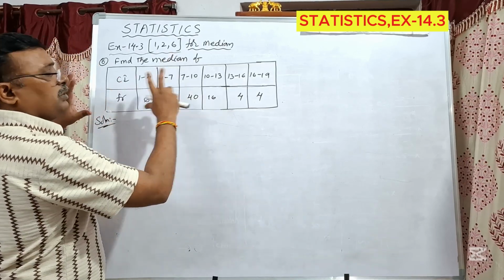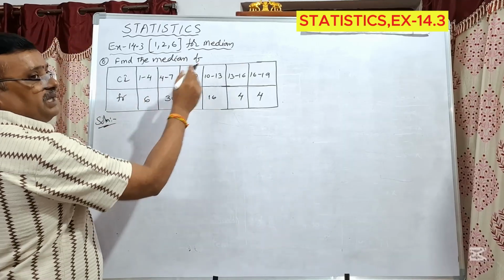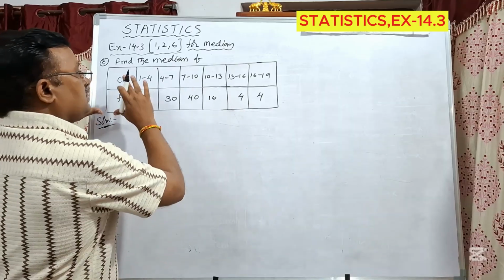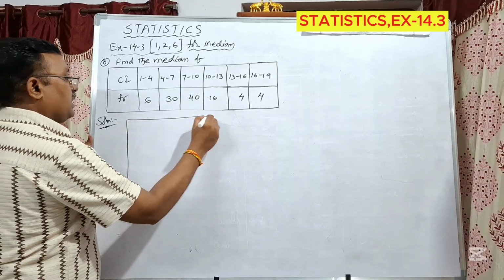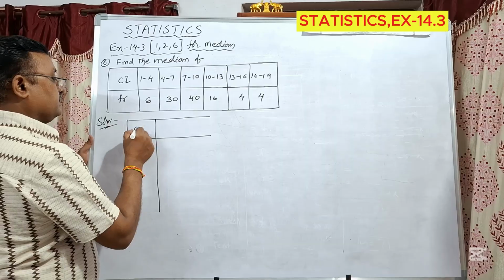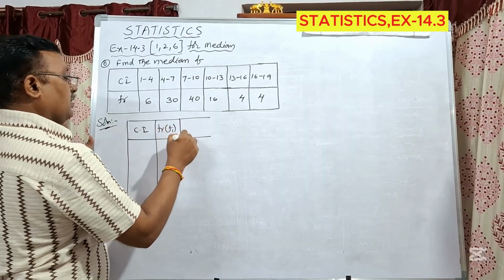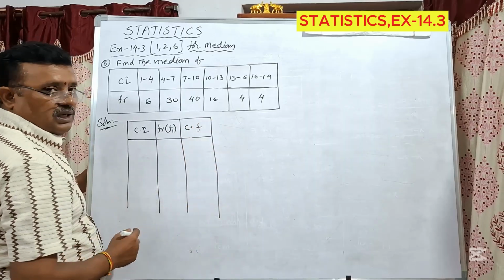Sixth problem is one more practice problem. So listen to what they are saying. Find the median of the given table. So use the data for finding median. Prepare the 3-column table neatly with class intervals, given frequency fi value and cumulative frequency, especially for median.